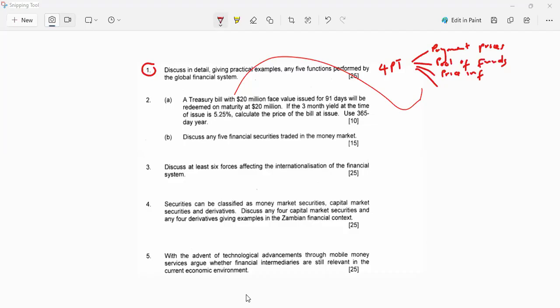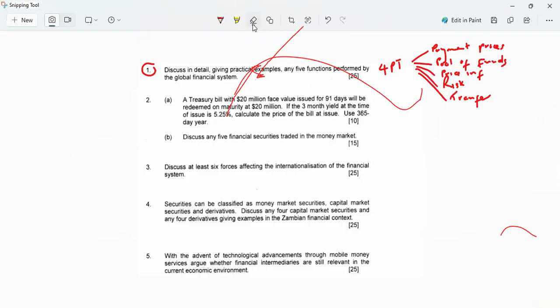So these are the 5 functions that we talked about. Risk, and transfer of funds in real time. Right. So that is what we looked at.